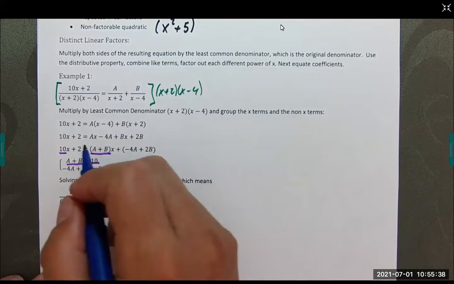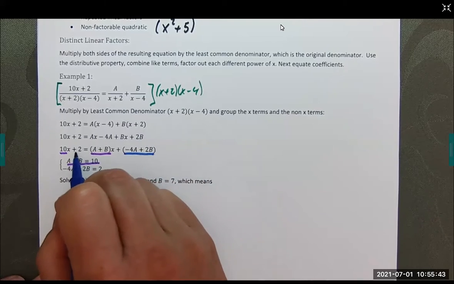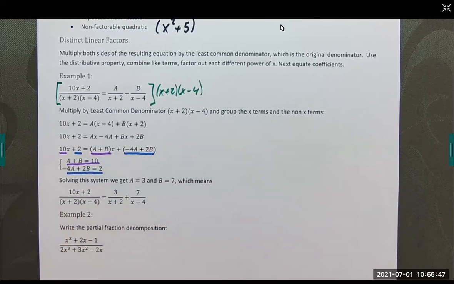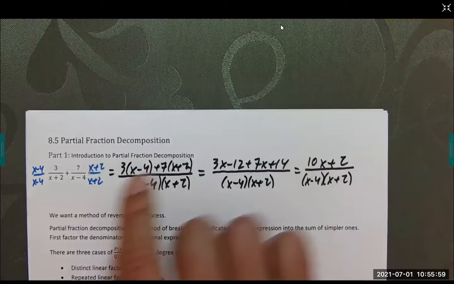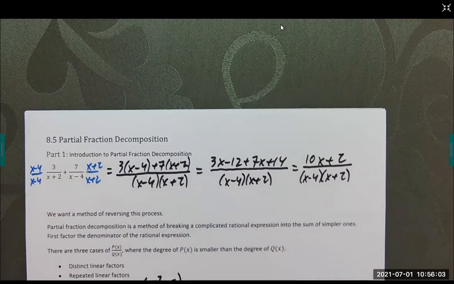And that must match that, which is where we are there. Now we have a system of equations, and when we solve the system using either the elimination method or substitution, doesn't matter, we get a is 3 and b is 7. And you can see that's where we started. So we went from here to here.